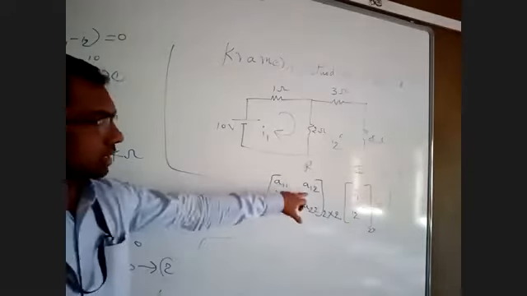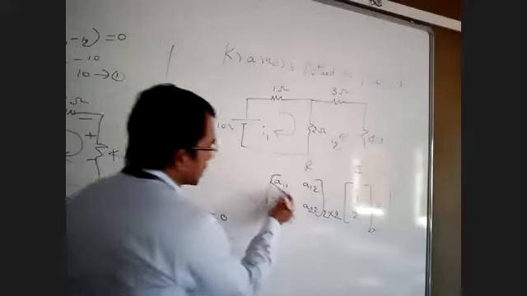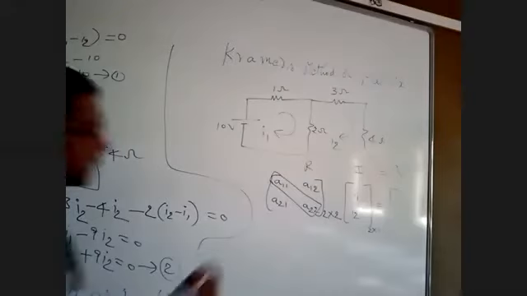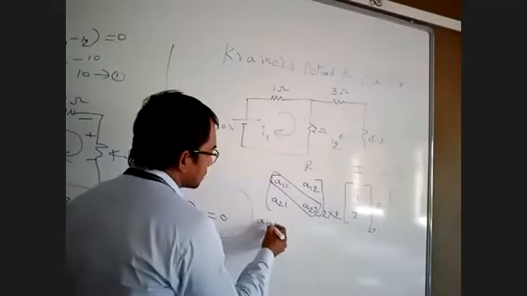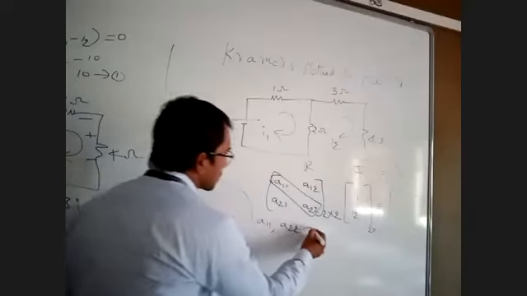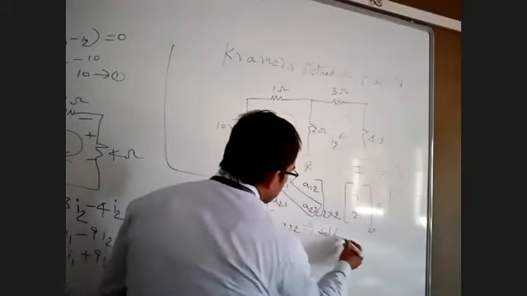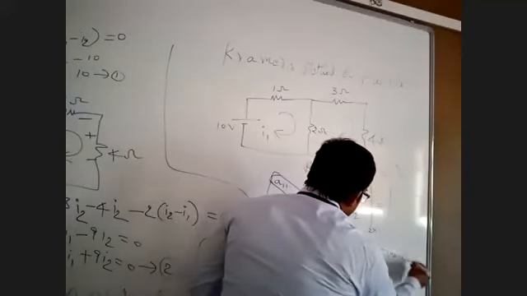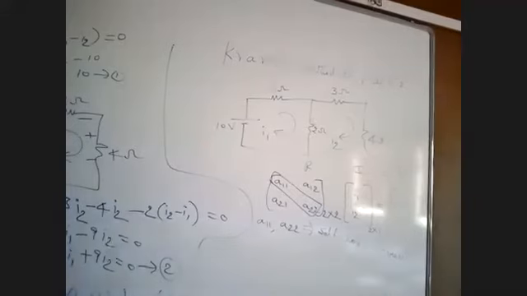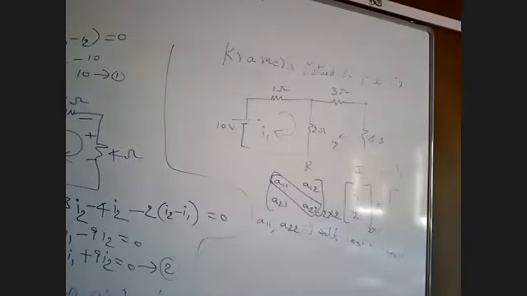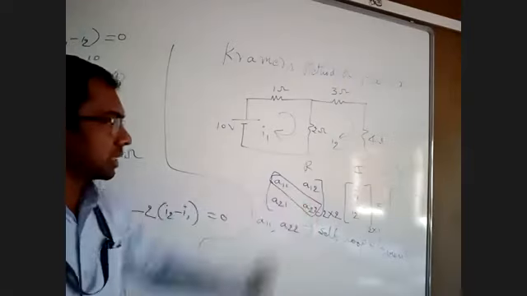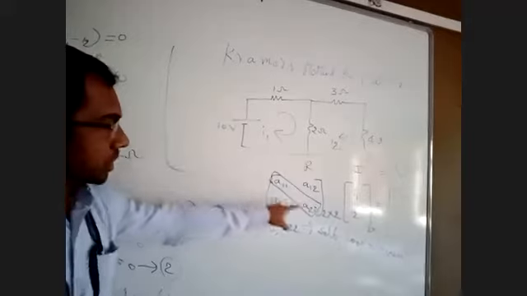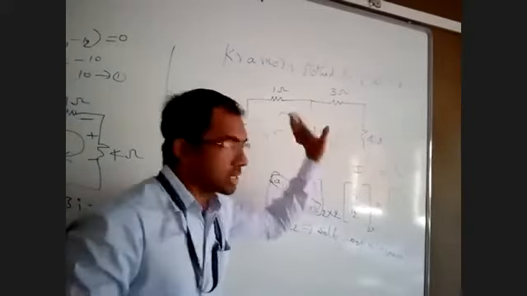A11 and A22 are the diagonal elements. Diagonal elements are called self-loop elements. Now first I will write these diagonal elements. A11 means the sum of all resistances in the first loop. A22 means the sum of all resistances in the second loop.